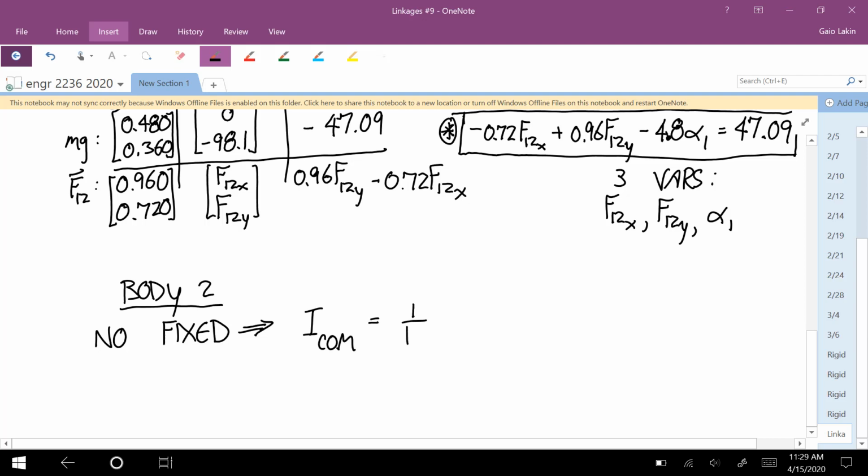That's 1/12 times the mass of that body, which is 15, times the length of that body squared. 4.05.